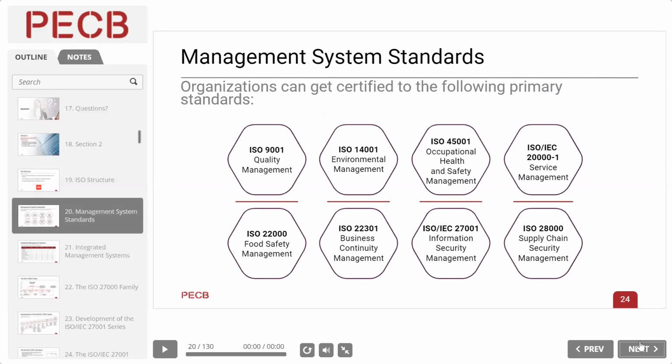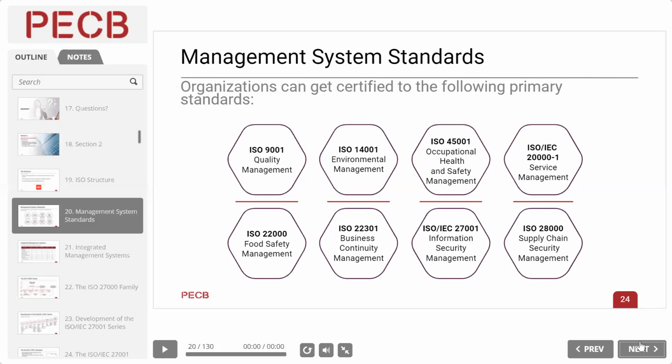Other management system standards which might be familiar to you: ISO 9000 quality management, which is very common. I think that is the most common management system that has been implemented by organizations. Interesting to note that 27001 has a lot of the ISO 9000 elements.